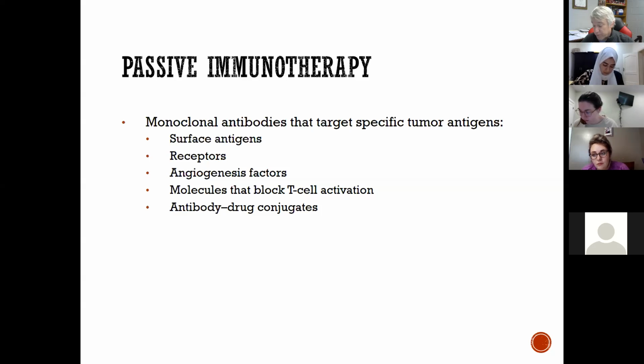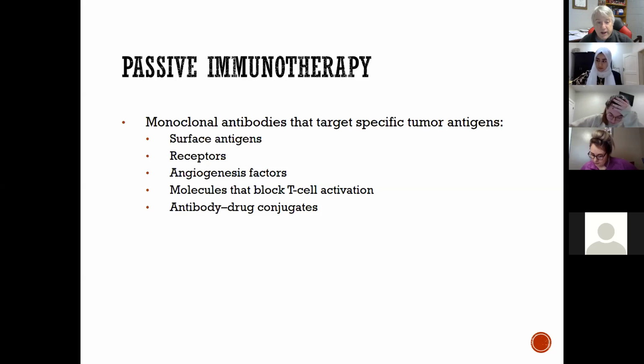So knowing that, we have ipilimumab, directed against CTLA4, the cytotoxic T lymphocyte antigen 4, for treatment of metastatic melanoma, and nivolumab and pembrolizumab directed against PD-1, programmed death 1, used to treat melanoma, colon cancer, and other tumors.